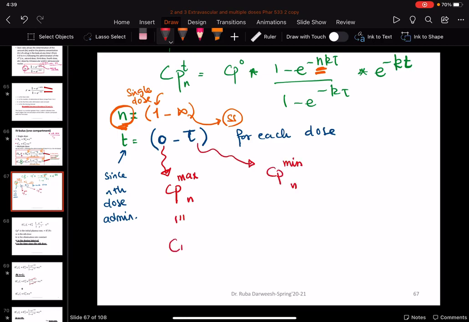This is the same as CB peak for the nth dose, and this is the same as CB trough for that nth dose. This is just the diagram or timeline for you to go through every one of those changes, either in n or the time or both of them. And this is what is mentioned in all of the slides from now on.